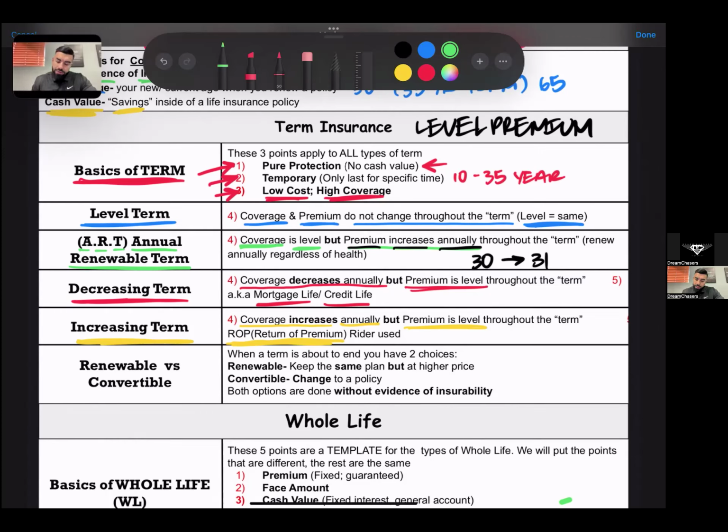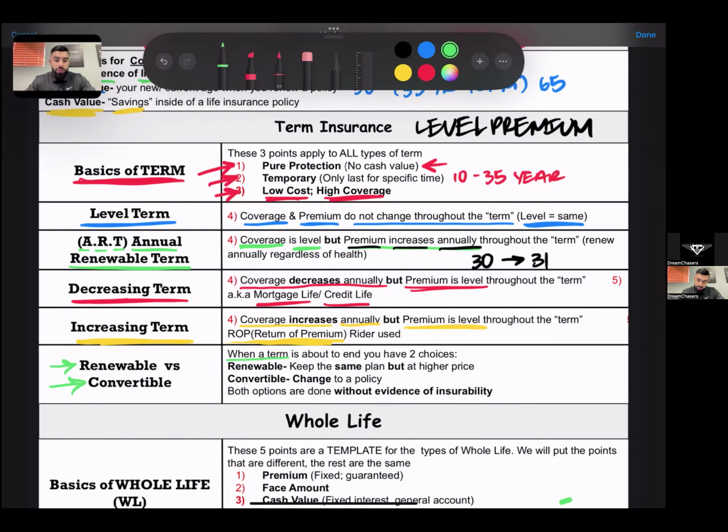Okay, and now just finishing up here with term insurance is the renewable provision and the convertible provision. So here there are two different types of provisions when your term comes to an end. So let's say that 35-year term is coming to an end, there are two options, or two provisions, that you're going to have.